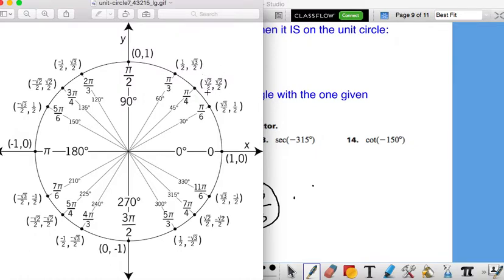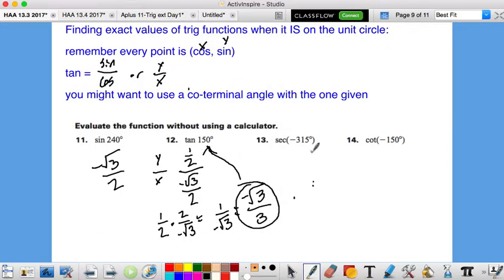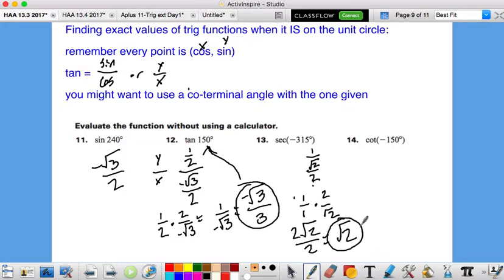And secant is we're going to go 1 over the cosine. So 1 over the square root of 2 over 2. Well, if you want to think of 1 as 1 over 1, multiplying by the reciprocal, we get 2 over the square root of 2. Rationalizing our denominator, we get 2 root 2 over 2, and we just get the square root of 2 after all that is said and done.